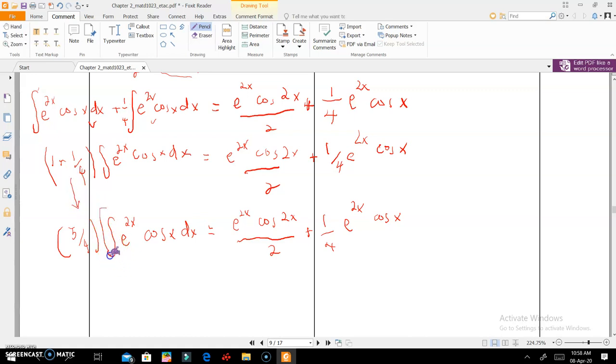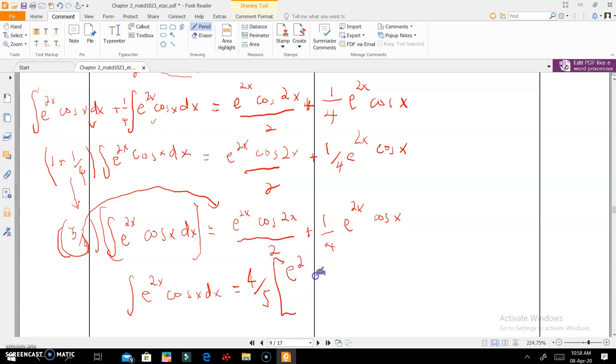So now we want to be left with this part. So we are going to get here the integration of exponent 2x cos x dx. We can bring the 5 over 4 to the other side. It becomes 4 over 5, multiply with exponent 2x cos 2x over 2 plus 1 over 4 exponent 2x cos x.